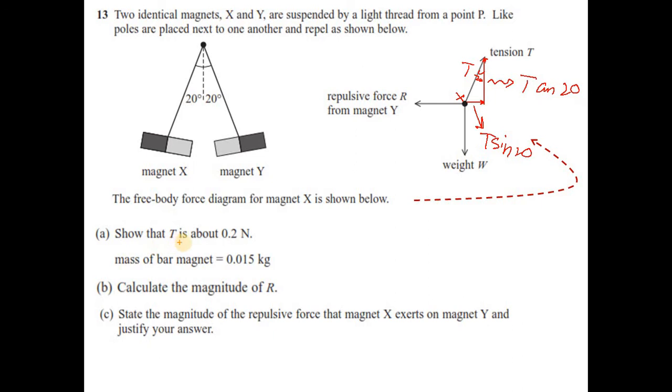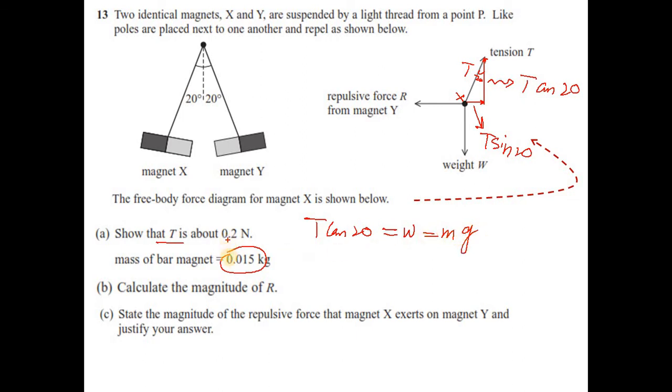And if you need to find T, because the mass is given, you can compare vertical forces. That means T cos 20 acting vertically upward is equal to the weight, which is mg.